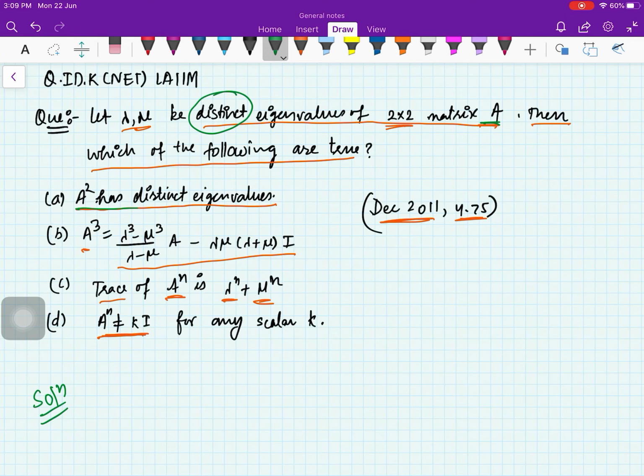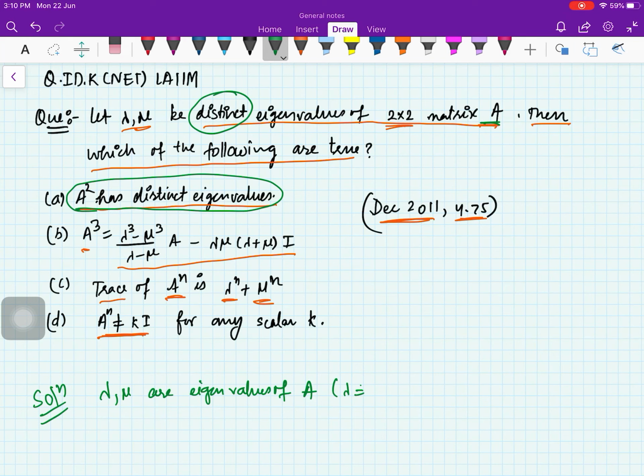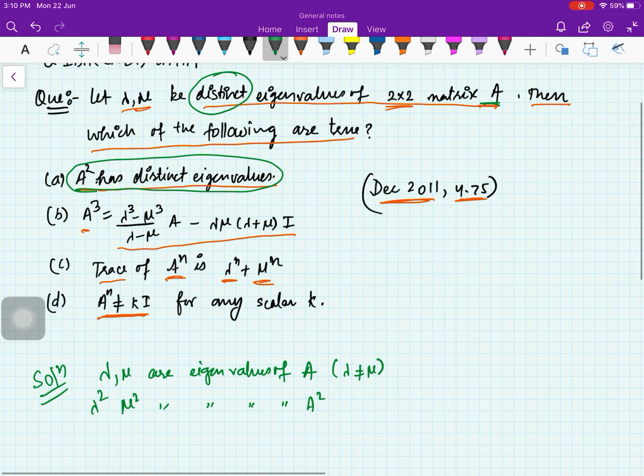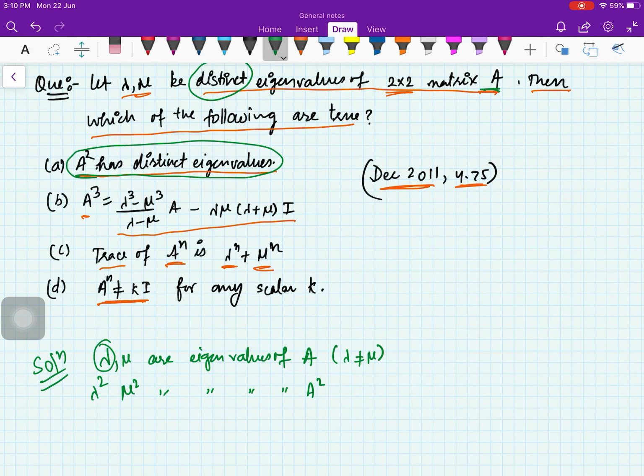So now the first option is that A square will also have distinct eigenvalues. Now you think about it. If lambda and mu are eigenvalues of A, nothing is given about this, but the only thing is lambda is not equal to mu, then we know that lambda square and mu square are eigenvalues of A square. Now if these two are distinct, can these two be equal?